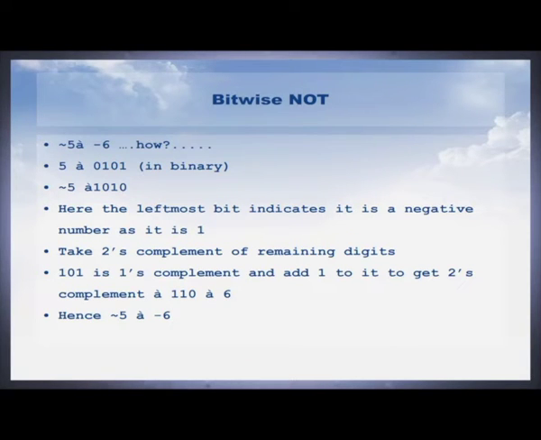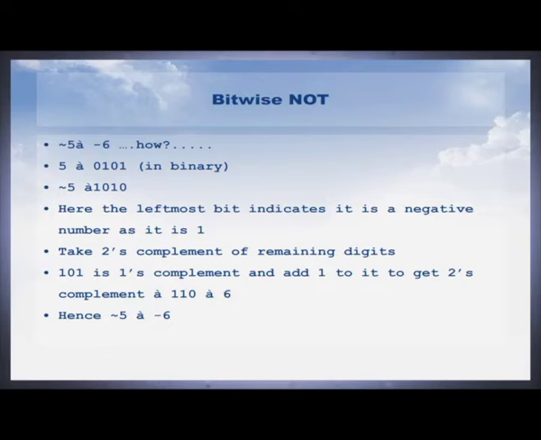How? 5 in binary is 0, 1, 0, 1. But complement of 5 is 1, 0, 1, 0. Here the leftmost bit indicates it is a negative number as it is 1. Then take 2's complement of the remaining digits. The remaining digits of 5 are 101.